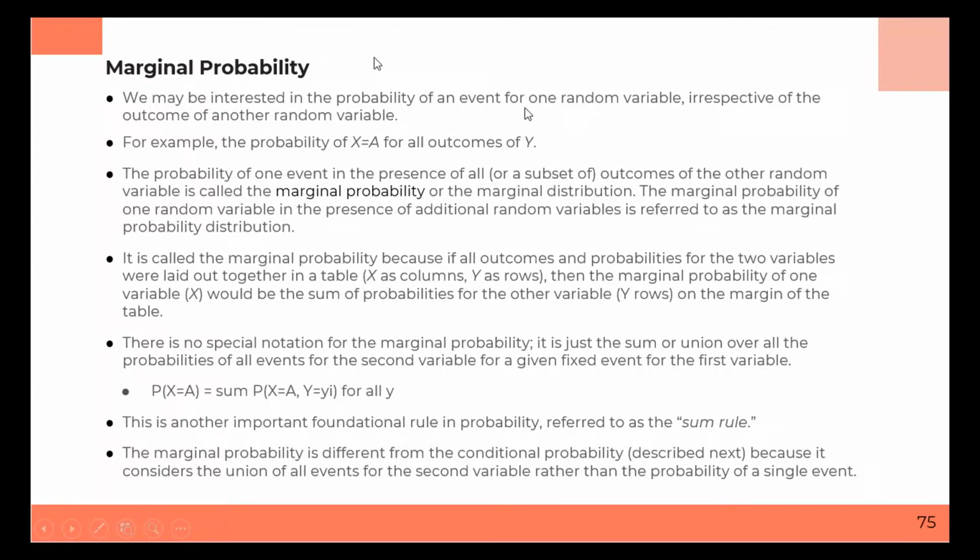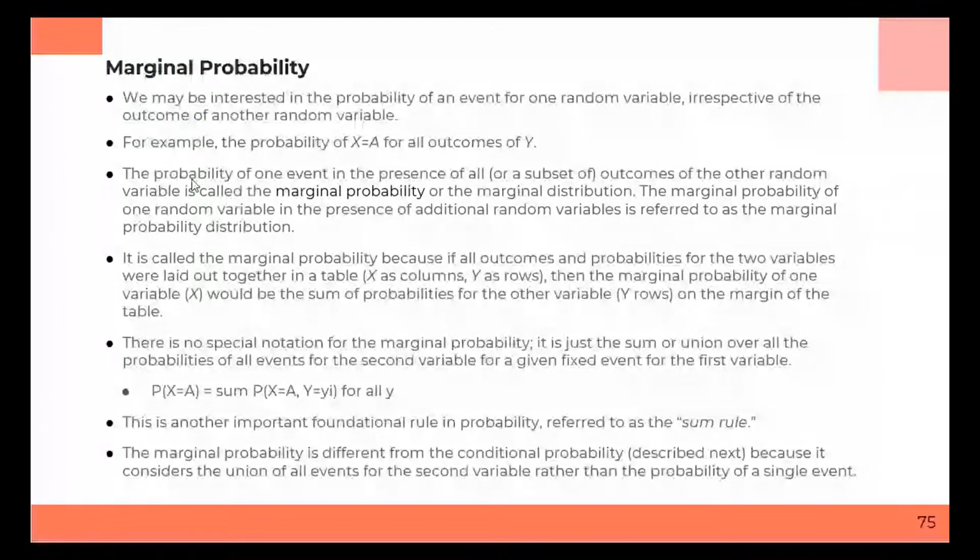For example, X equal to A. X is my random variable, A is my event, for all the outcomes of Y. They have given the value for Y as a variable, this is changing.